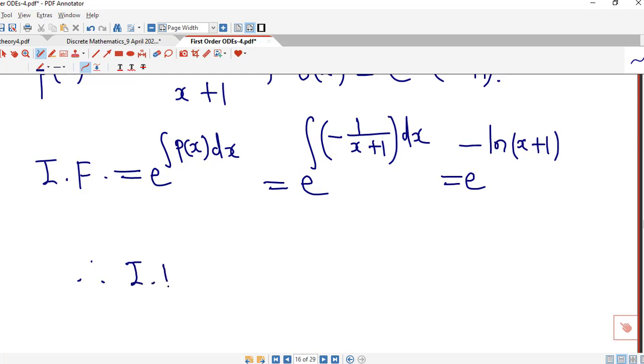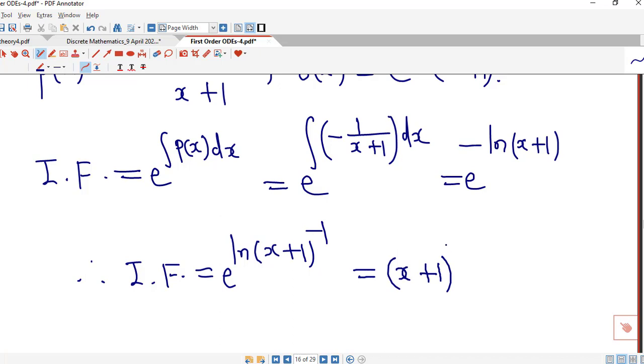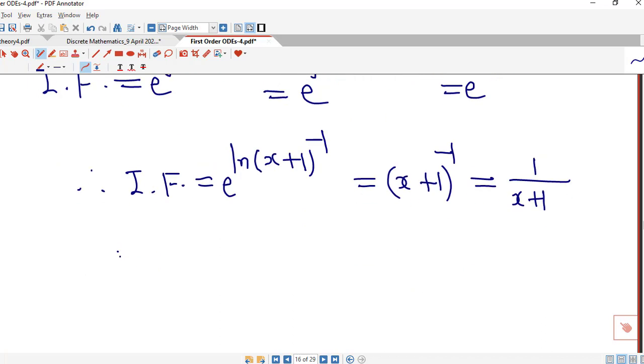Therefore integrating factor equal to, this I can rewrite as e raised to log of (x plus 1) raised to minus 1, which is equal to (x plus 1) raised to minus 1, which can be rewritten as 1 over x plus 1. So therefore the integrating factor is nothing but 1 divided by x plus 1.